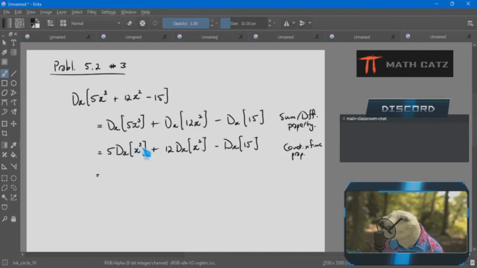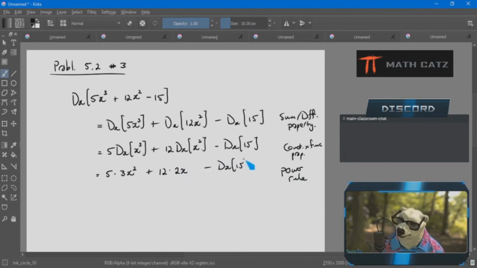Now I have the power of x isolated. The 5 is there, 3x squared by the power rule. The 12 is there for the middle term. X squared's derivative, 2 goes in front, x to the power 1 less. We don't write the 1. Power rule again. And I'm doing one property at a time.